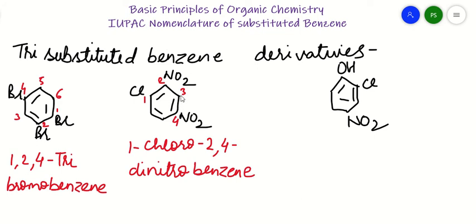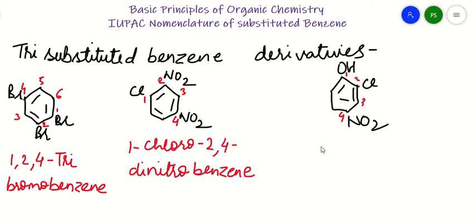Now let's see one more. If in this compound Cl and NO2 were not there, the compound with a benzene ring and OH group is called phenol. So the phenol OH position is 1, because the parent name is phenol. OH is 1, on the second carbon chloro, and on the fourth carbon atom a nitro group is present.